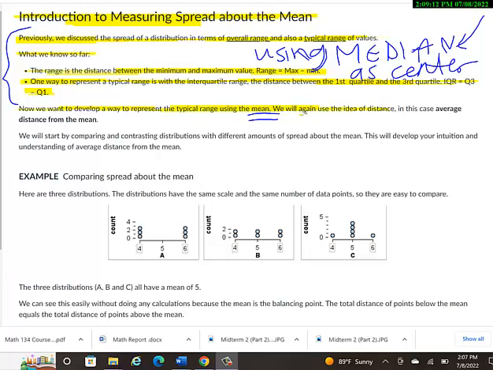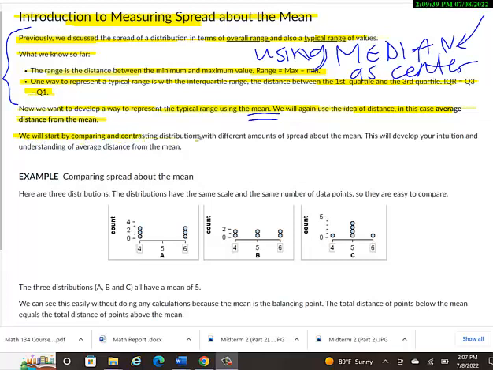We will again use the idea of distance, in this case, average distance from the mean. So if you measure the distances of all the data values from the mean, what's the average distance from the mean? It sounds complicated because the mean itself is an average, so that's kind of confusing. What's the average distance from the average? I'm not trying to confuse it more, but we'll really nail it down in this module.